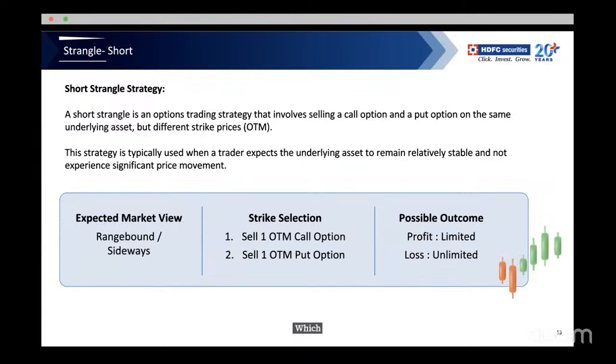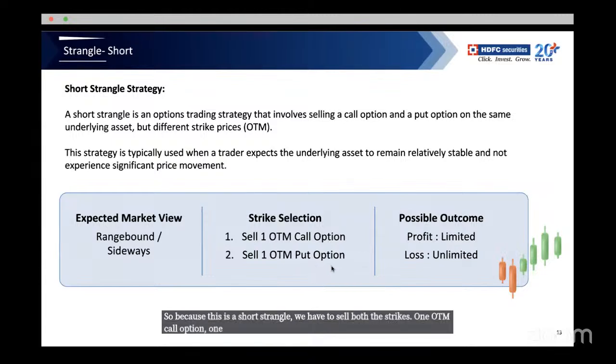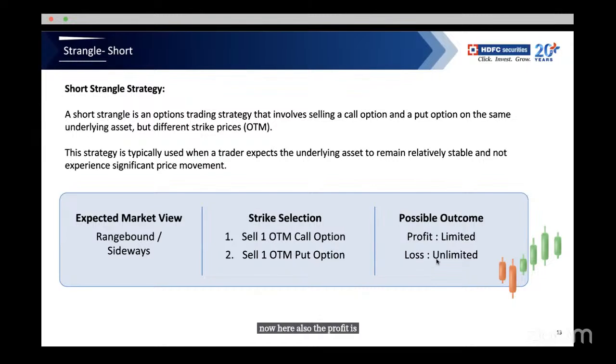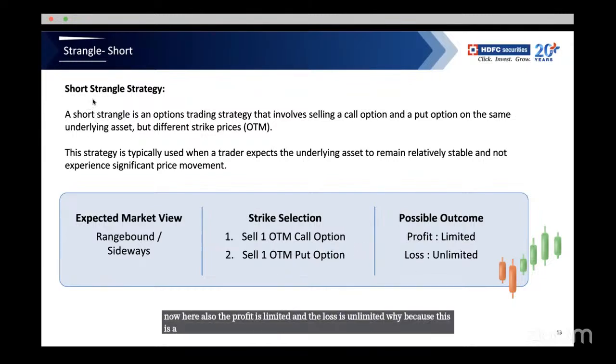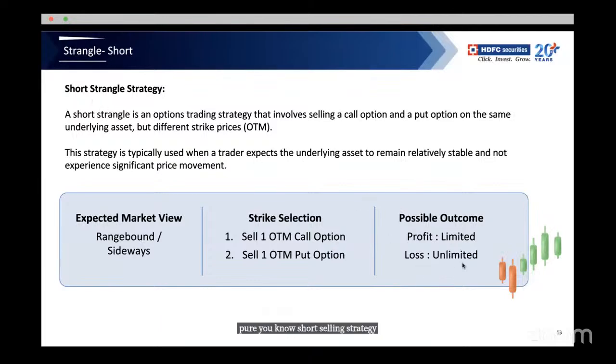As we discussed, OTM, out of the money strikes. So because this is a short strangle, we have to sell both the strikes, one OTM call option and one OTM put option. Okay, now here also the profit is limited and the loss is unlimited. Why? Because this is a pure short selling strategy. That's why the loss is unlimited and the profit is limited.